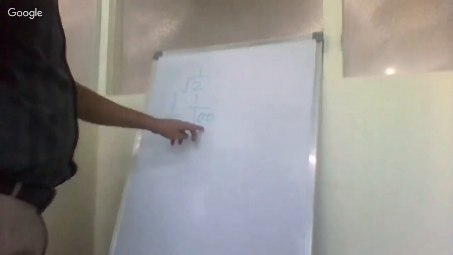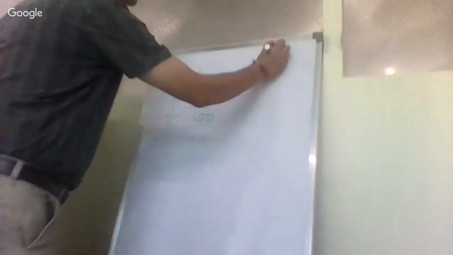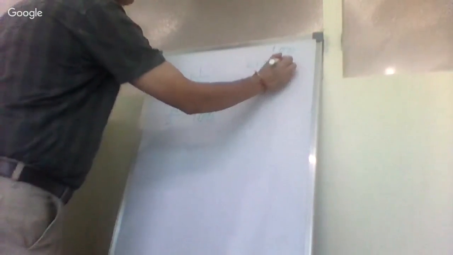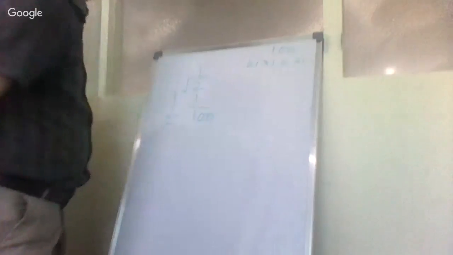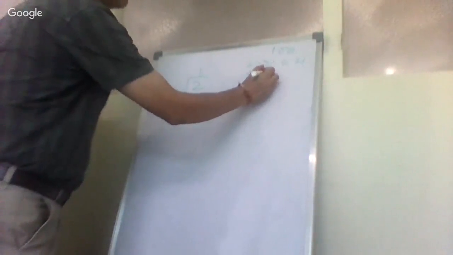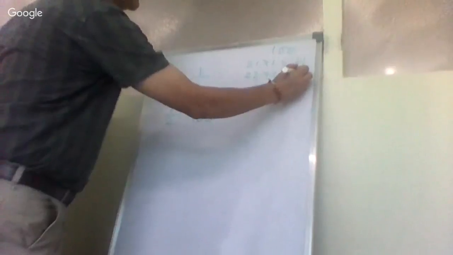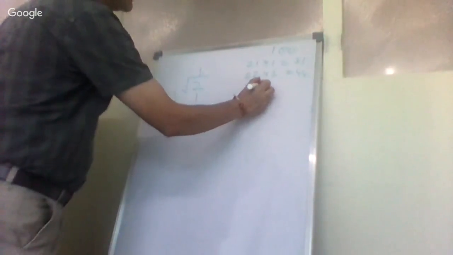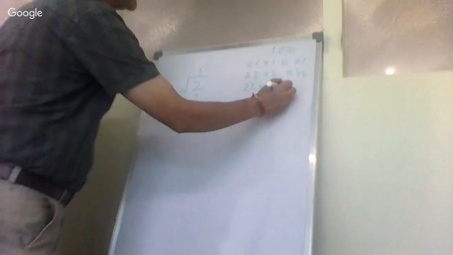Now here it is 2 and here it is 100. So again 21 multiplied by 1 is 21. It's less than 100. 22 multiplied by 2 is equal to 44. Less than 100. 23 multiplied by 3 is 69.